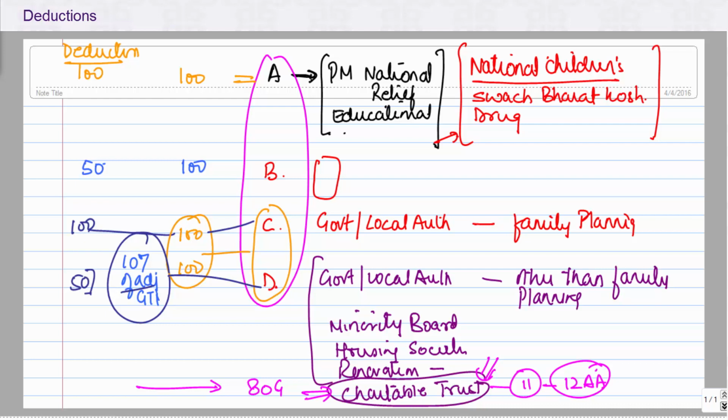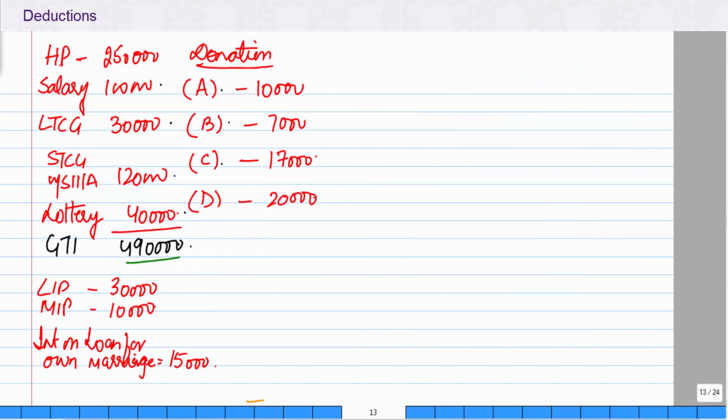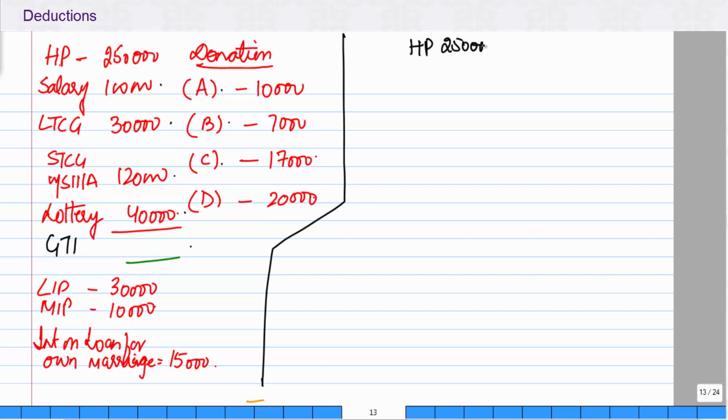So just to make sure you've understood the calculation, we do a small question here. For example, we say there is house property income. Let's keep writing, so we are calculating tax now. In this question, there is house property income of 2,50,000, salary income of 1 lakh, long-term capital gain of 30,000, and a special short-term capital gain of 1,20,000.